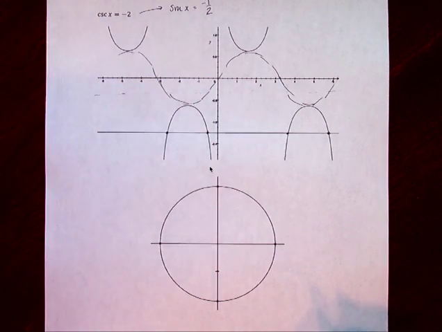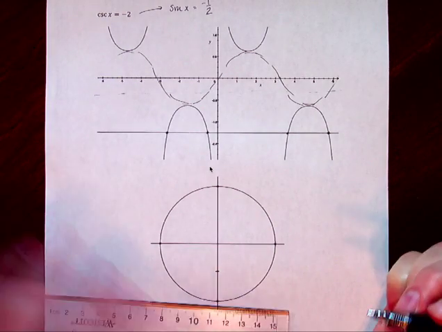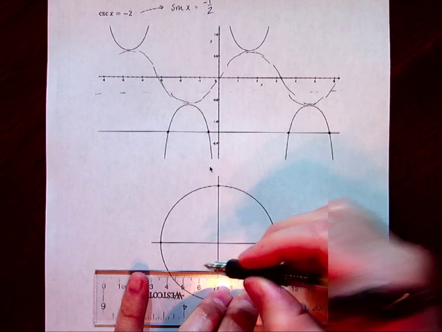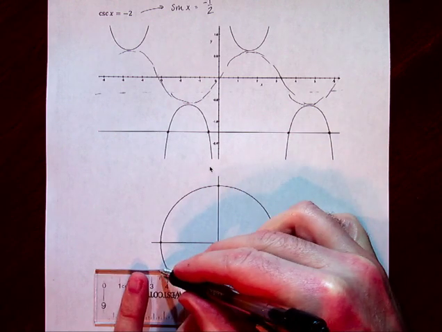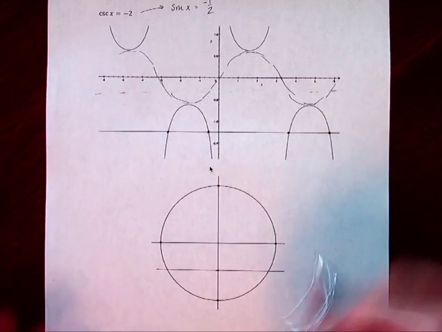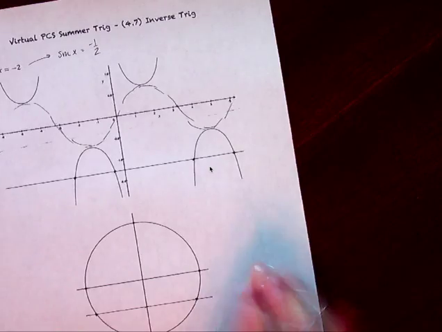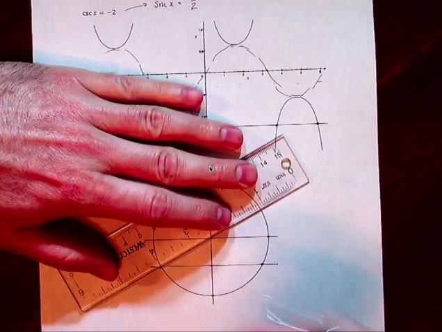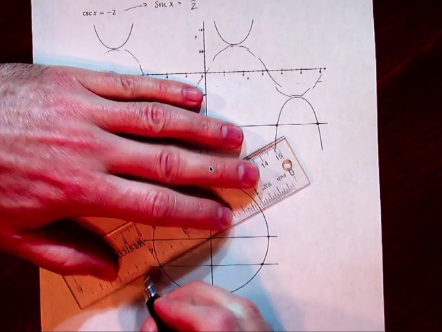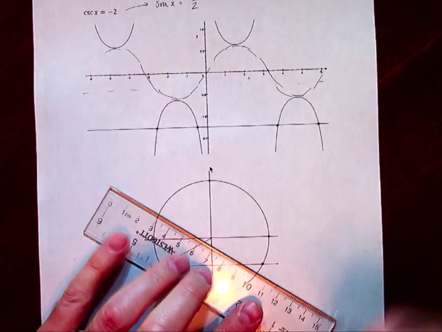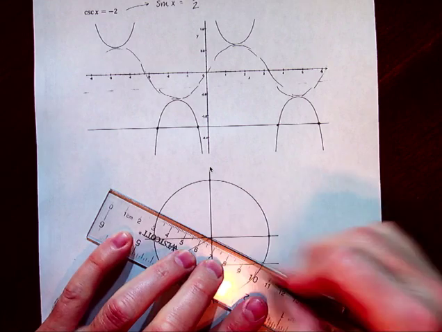Because sine, remember, is measured along the y. And then I know that I have 2 points on the unit circle that correspond to that. This point here and this point here. And those have rays that create the terminal side of angles that are associated with those points of intersection.